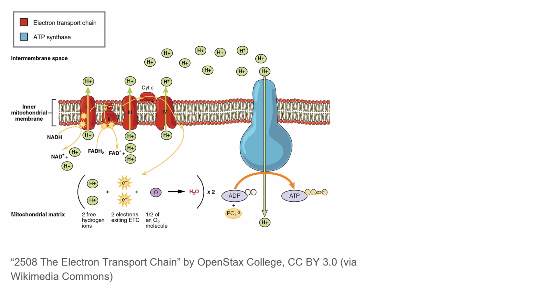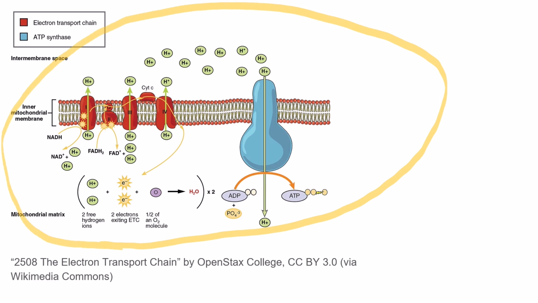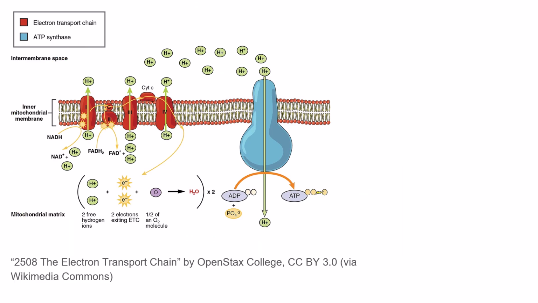Okay, now we are inside of the mitochondria. So imagine we are inside the mitochondria. And in our mitochondria, I'll draw another diagram here. In our mitochondria, there is another membrane inside of it that has enzymes.